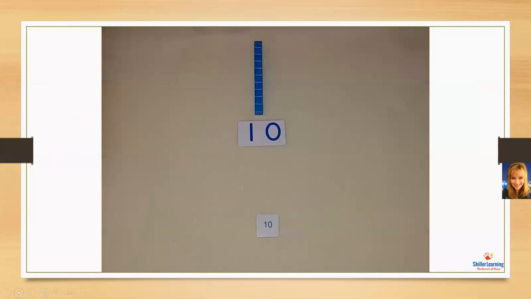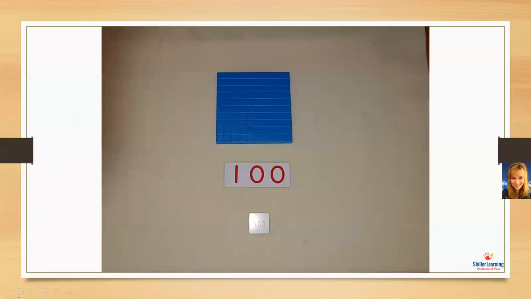And then you go ahead and do the same thing with the 10. Now we have a 10 rod, we have a 10 card. We're just going to use the 10 number tile. We've got the 100 flat, the 100 number card, and this is the number tile for 100.